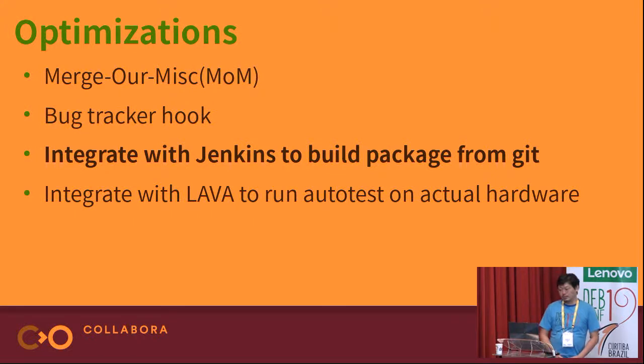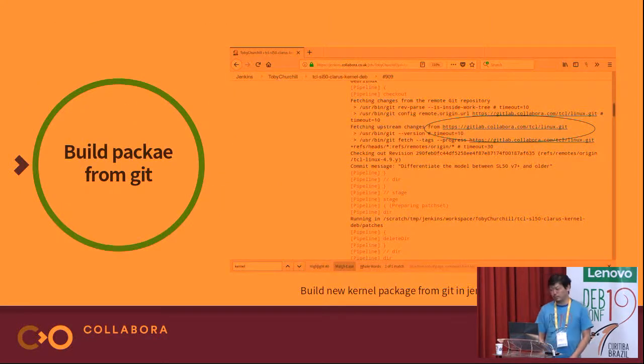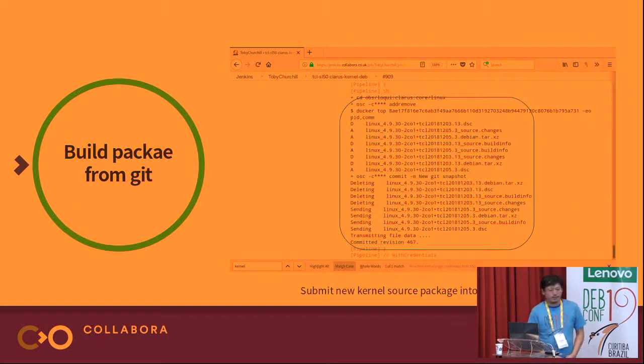And also, you can integrate with Jenkins to build your package directly from Git. So here is an example of a Jenkins job that builds a new Linux package from Git. And here it fetches the package and then extracts the source and also fetches all the patches from the Git and starts the build.